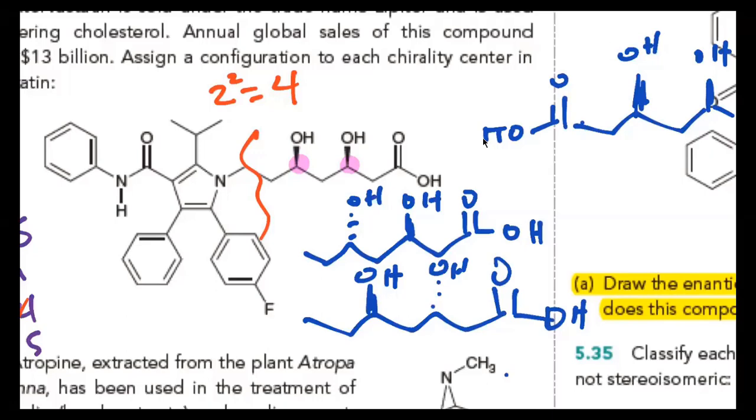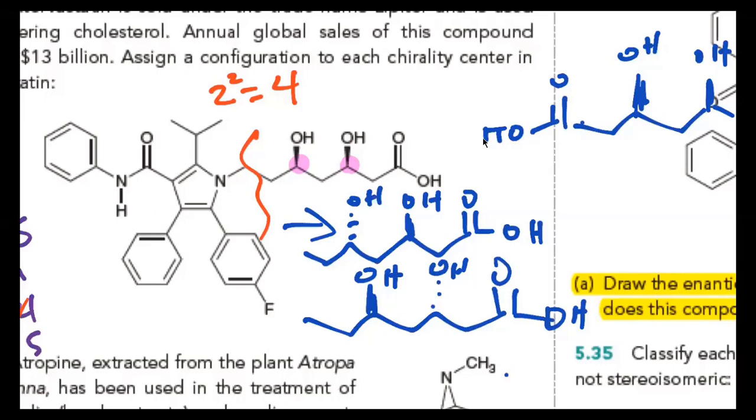What I need y'all to understand is when we talk about mirror images, a mirror image is the reverse of the original image. It's the exact opposite. So do you see how up here on this top image, the OH is wedged and the other one is dashed? And in the bottom image, it's the exact opposite.